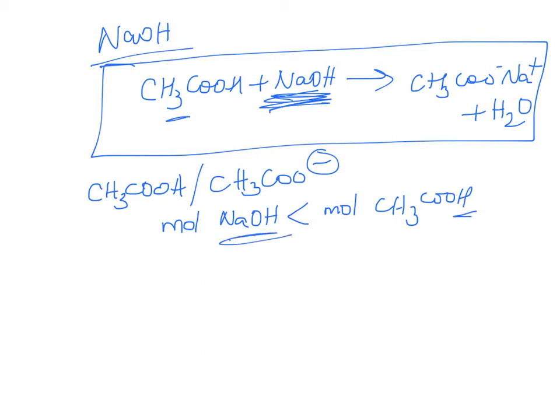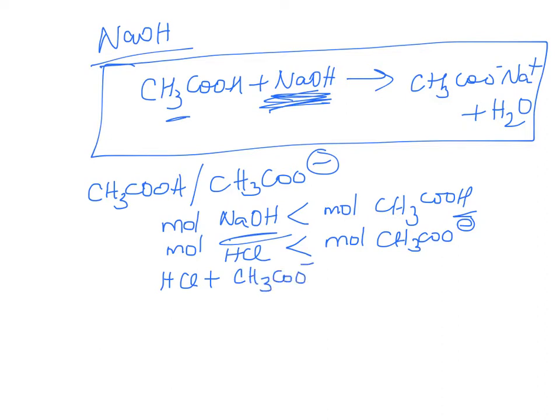And likewise, if you add HCl to the system, as long as the moles are less than the moles of the base, which in this case is sodium acetate, that acetate will react with HCl to give you acetic acid and Cl negative. So the sodium acetate will become NaCl in that case.